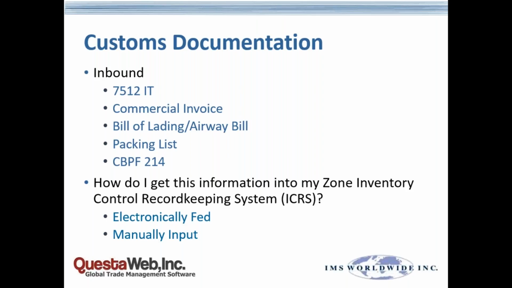I would have had to close out the ocean bill or the air bill, however it came into the country. I would potentially have my packing list and other information telling me what's on the shipment, but I would be using those two elements, especially the commercial invoice, the bill of lading information, to make entry in Houston if I wasn't a foreign trade zone.